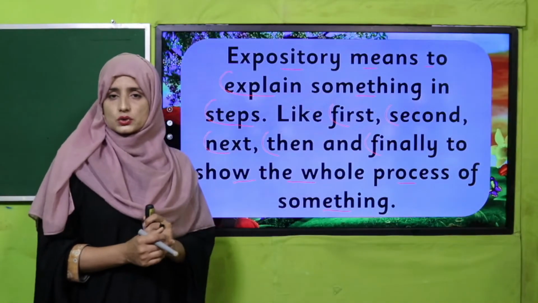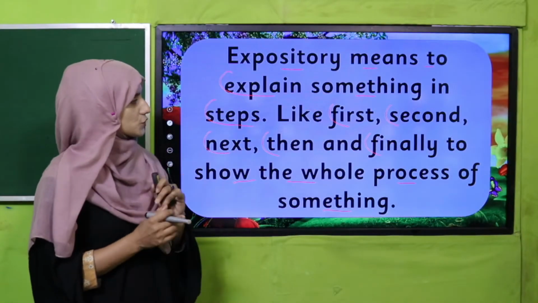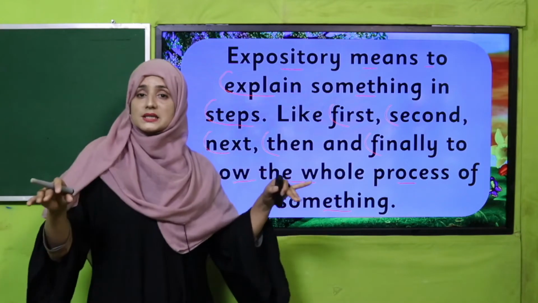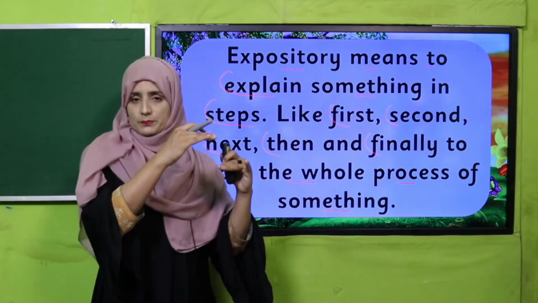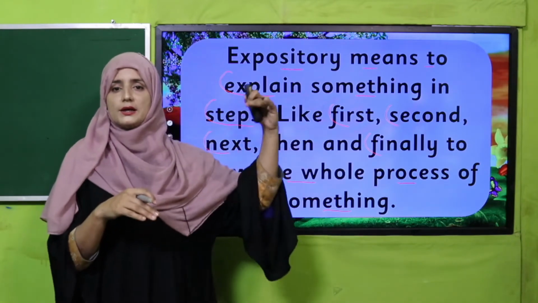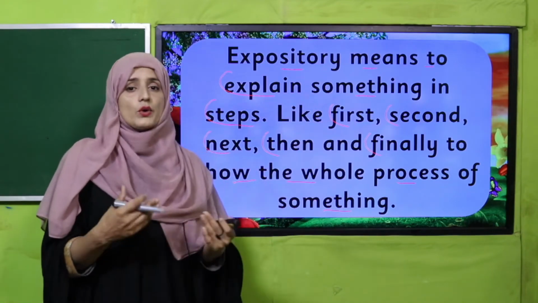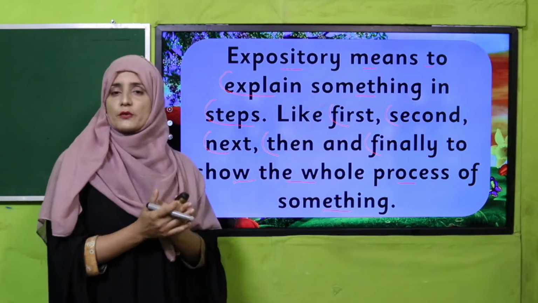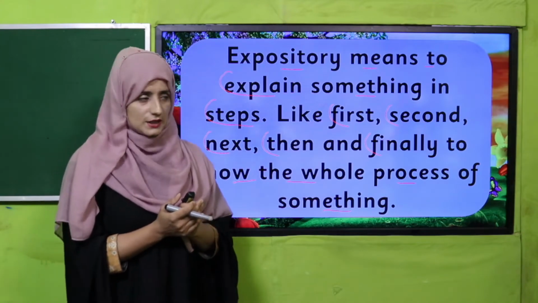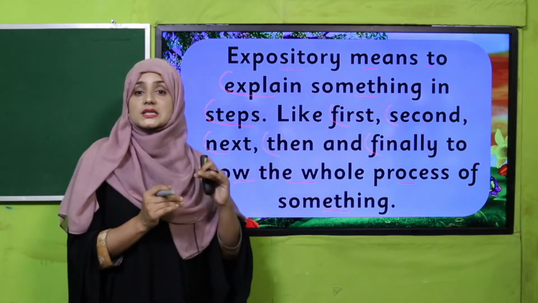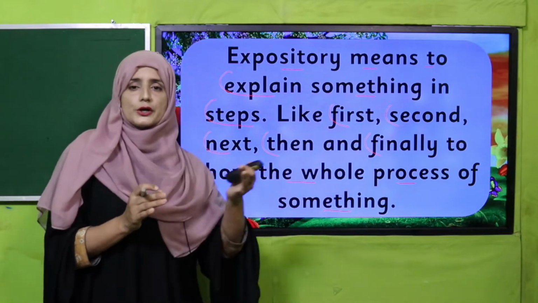So, my dear students, have you got that? Expository means to explain something step by step, from first, second, third, next, then, and at the last, what happened. This type of writing is called expository writing. While writing, we use sequence words according to the steps.